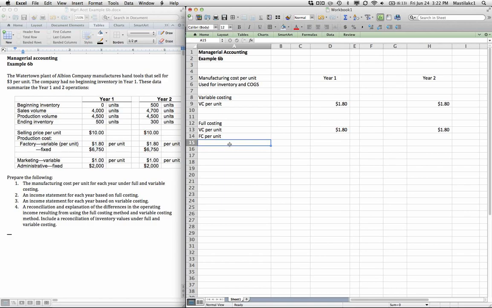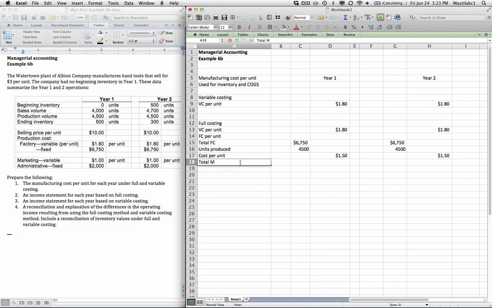So for here, we're just going to assume that total fixed cost can be divided by the number of units and not worry too much about per unit overhead cost allocation. So our fixed cost that will be allocated to each unit is $1.50.